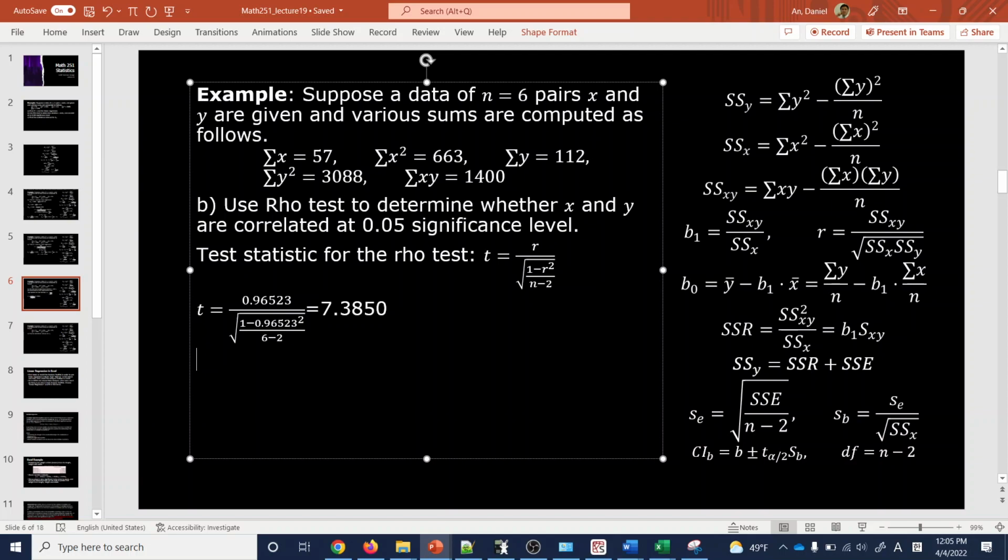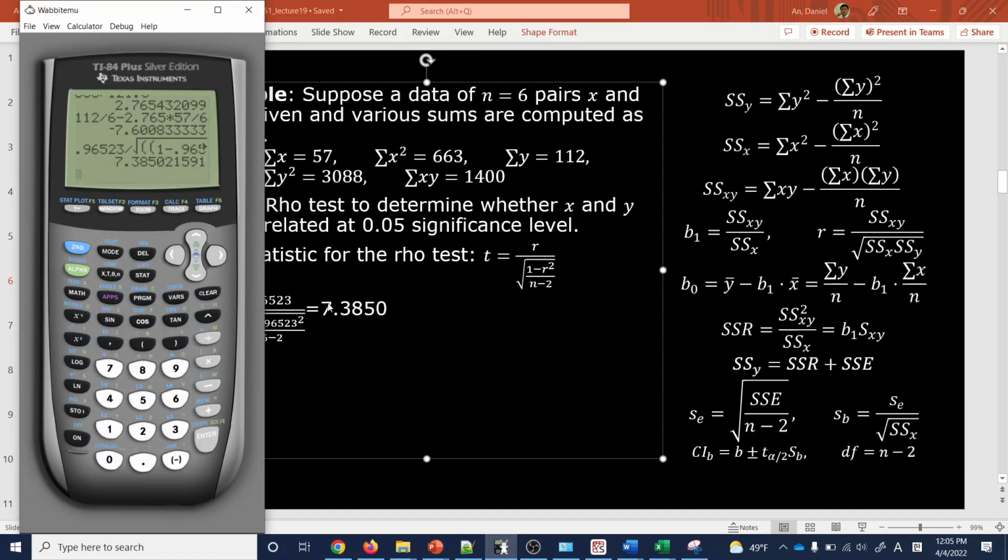Yes, you have a question? Okay. All right, so or you can just use the T distribution. You can use TCDF to find what this p-value is.